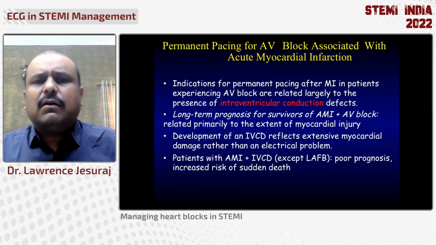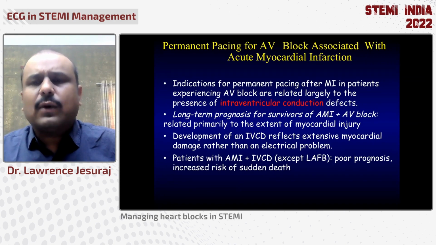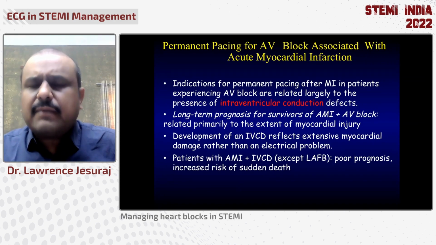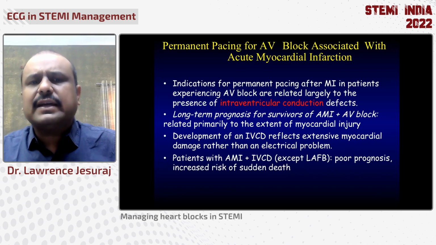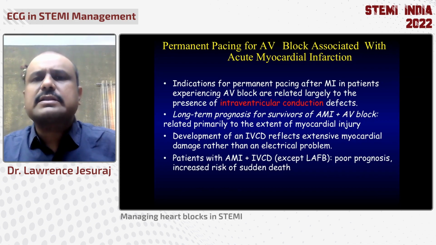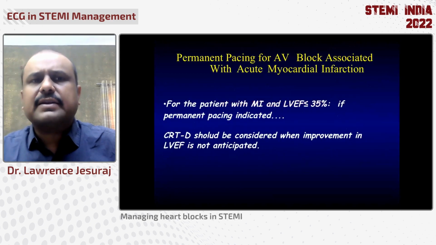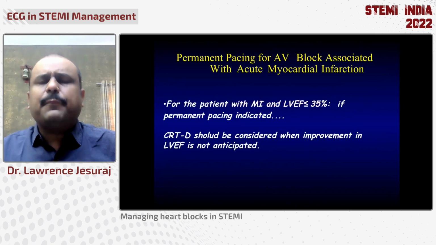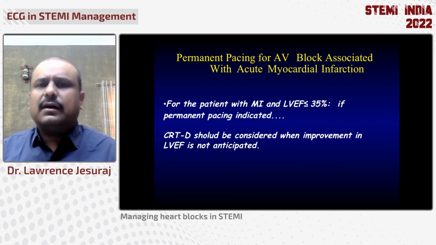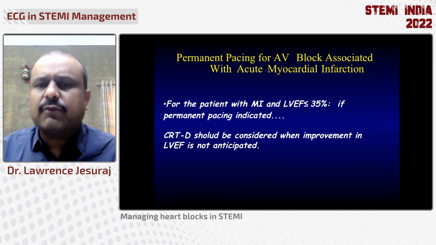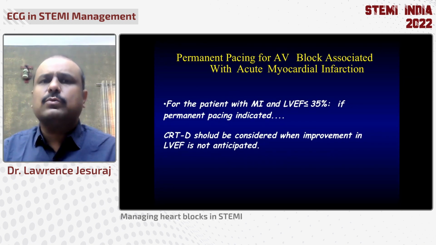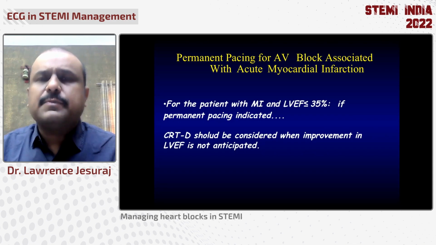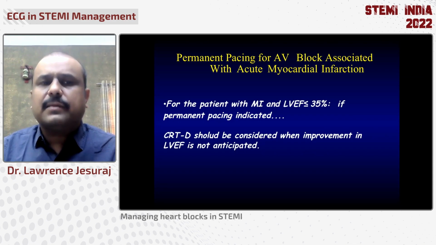In patients with anterior MI and AV block, the AV block is primarily secondary to the extent of myocardial injury. So these patients have a poor prognosis compared to patients who have not developed conduction system disease. If a patient with an AV block in an acute myocardial infarction has an ejection fraction less than 35%, and you have a situation where he is going to pace 100% with a pacemaker, then you can consider a CRT-D.